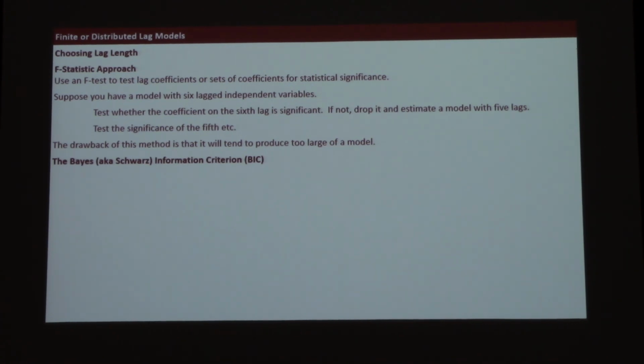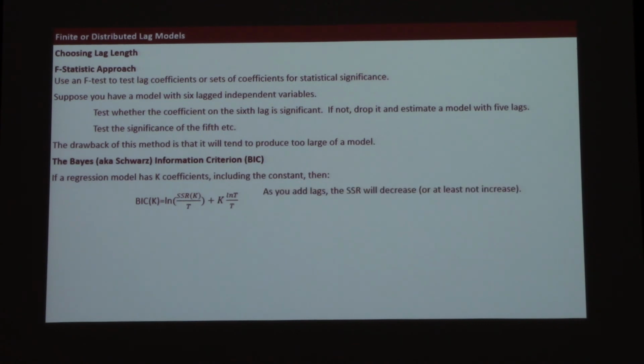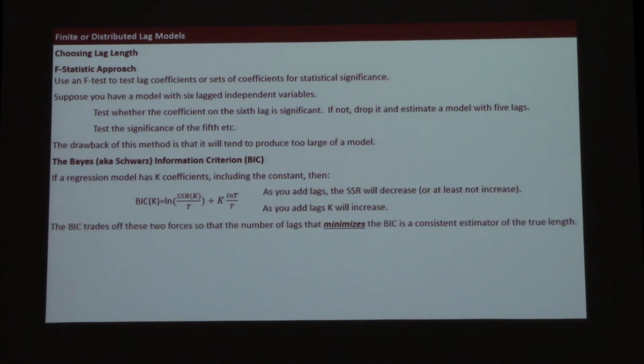We've got these other things called information criteria. One of them is called the Bayesian or Schwartz information criteria. And it's basically this nasty looking formula that we're not going to have to calculate. But in essence, it does the opposite. What we're trying to do is find the lag length that minimizes the Bayesian information criteria. So we want our information criteria to be as small as possible.